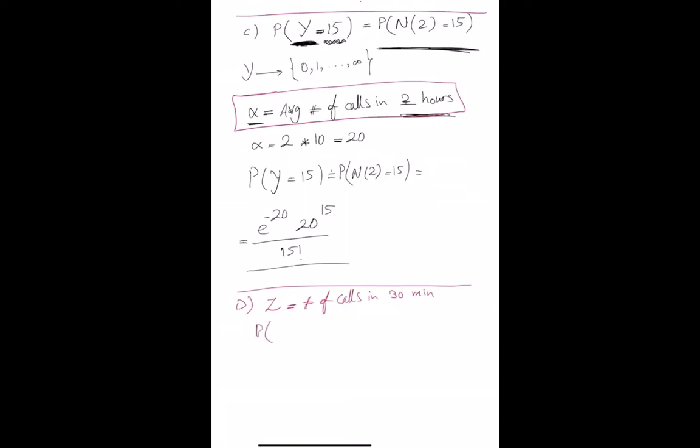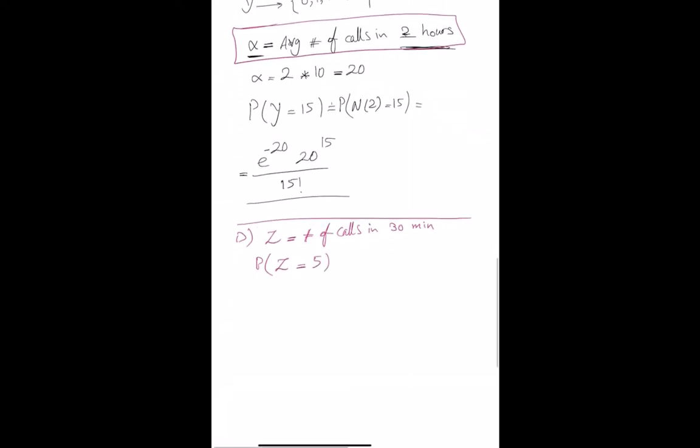I want to know the probability that the number of calls in 30 minutes is exactly 5. 30 minutes is half of 1 hour, so that is n of 0.5 is 5, if I want to use the notation in the video.